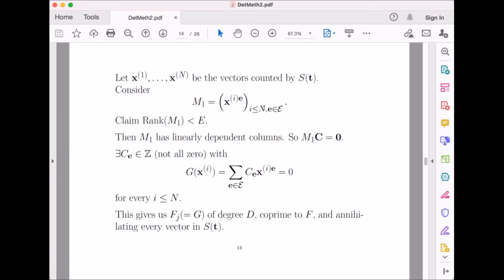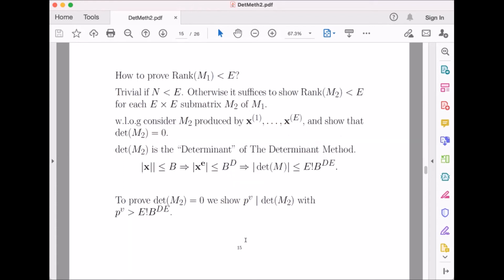Okay, so we've got this matrix. We want to prove that its rank is strictly less than E. How do we do that? Well, this is obviously trivial if capital N is less than E, and otherwise it suffices to show that the rank is less than E for each E by E submatrix of M_1. So we're going to look at the determinant of the E by E submatrices of M_1.